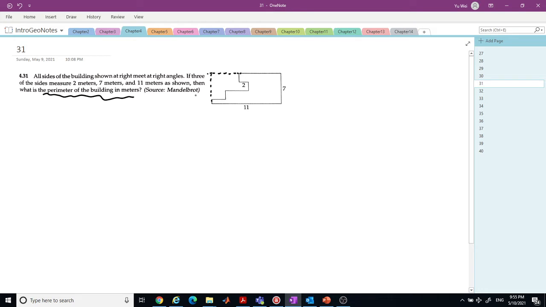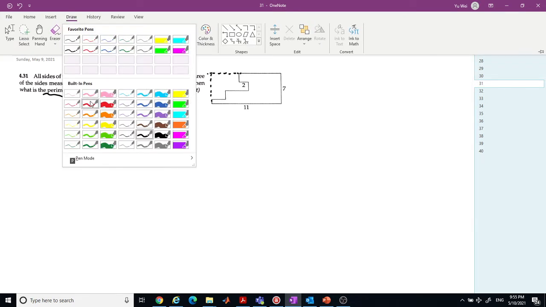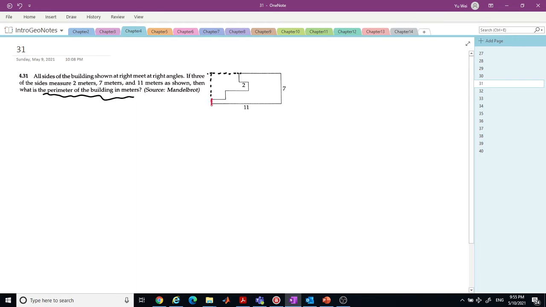Let's use another color to show you. We have this one, this one we can map to here, this one getting mapped to here, and this one here, and this one here. So all these 4 pieces become this.